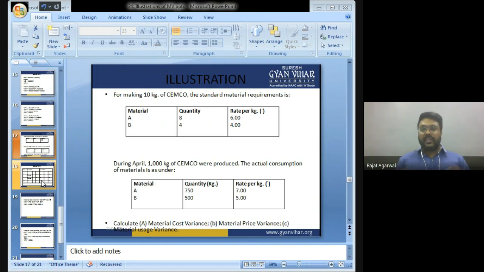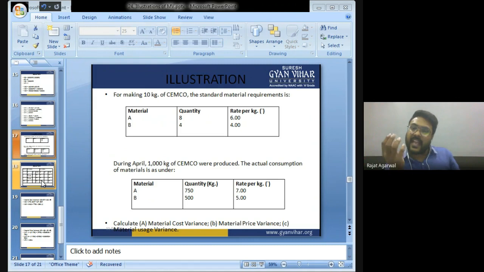Now बच्चों, standard is given on 10 kg and in actual we produced 1000 kg. So can comparison be possible? Can we compare 1000 kg with 10,000 kg? No, sir. So what can I do? Sir, you take the standard up to actual and then you can compare. It means I have to take the standard on 1000 kg only.